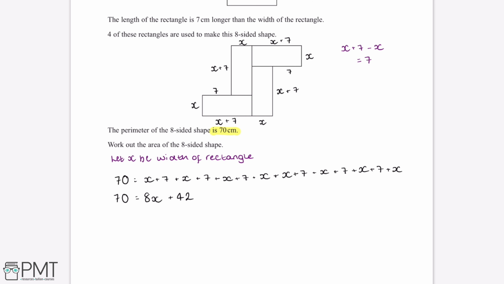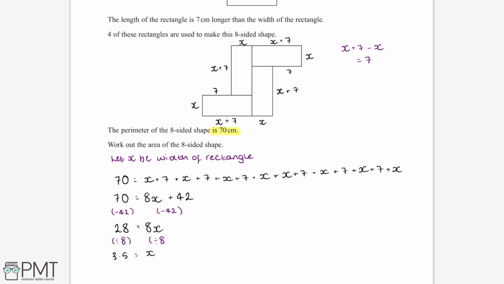Now we want to simplify this equation to make x the subject. The first thing we can do is minus 42 from both sides, and 70 minus 42 gives us 28. And 8x plus 42 minus 42 gives us 8x. And now the final thing we can do is divide both sides by 8. And this tells us that x is equal to 3.5.